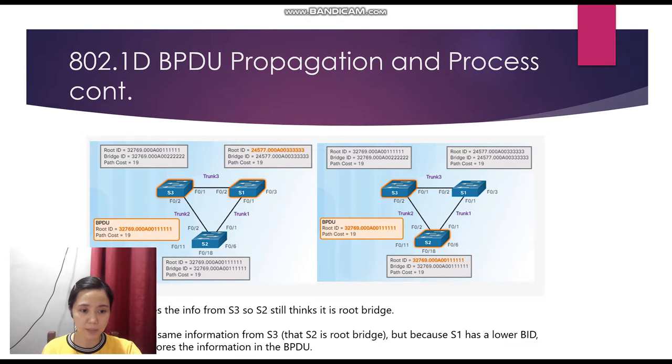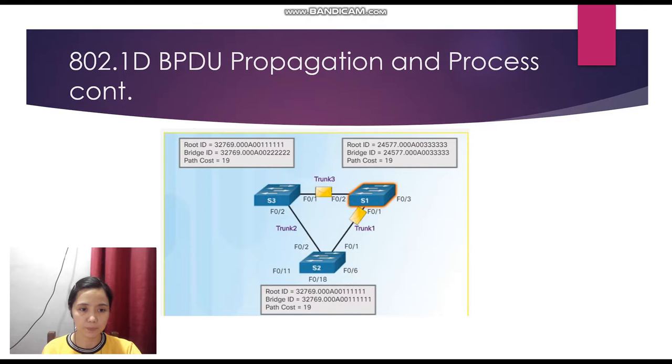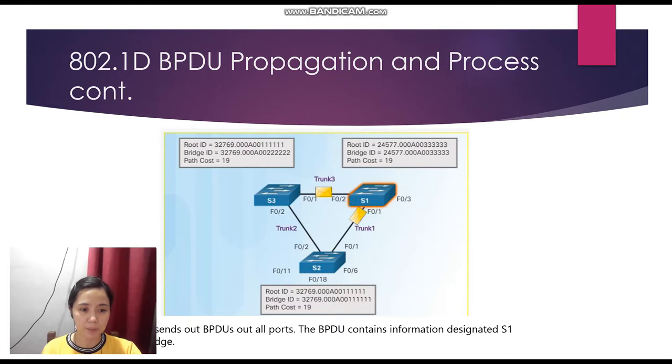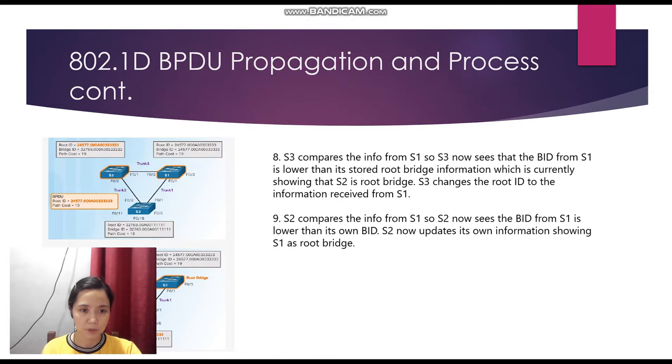So S1 gets the same information from S3 that S2 is the root bridge, but because S1 has a lower BID, the switch ignores the information in the BPDU. S1 now sends out BPDUs out all ports. The BPDU contains information designating S1 as root bridge. So S3 compares the info from S1.